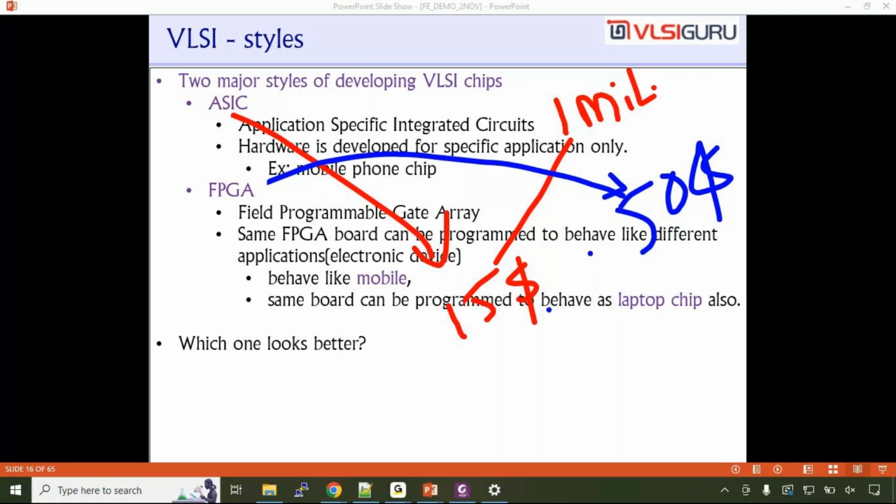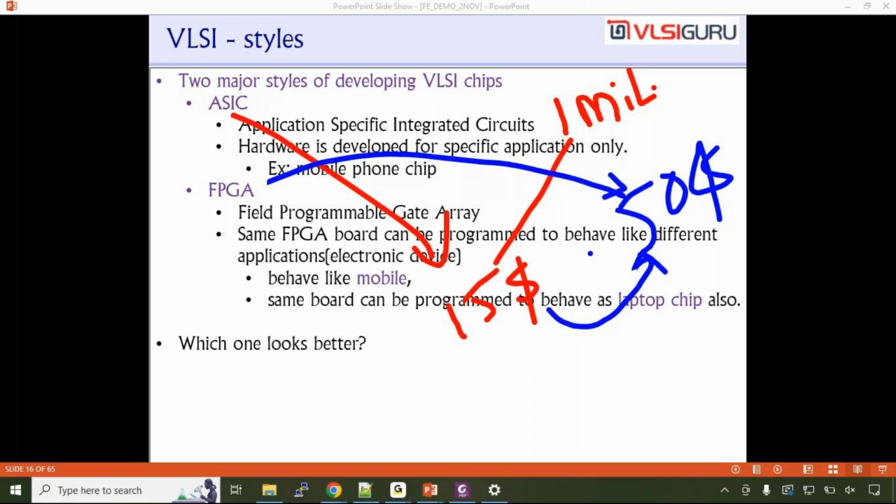So there is a difference, right? So in this requirement, what is it that you will go with? You will go with ASIC because finally that translates. If the chip is cheaper, my mobile phone also will be cheaper. So it is easy to sell the phone in that case. If I tell you there is an FPGA board, buy it for double the price, will you buy? As a consumer, you don't worry whether there is an ASIC or FPGA.